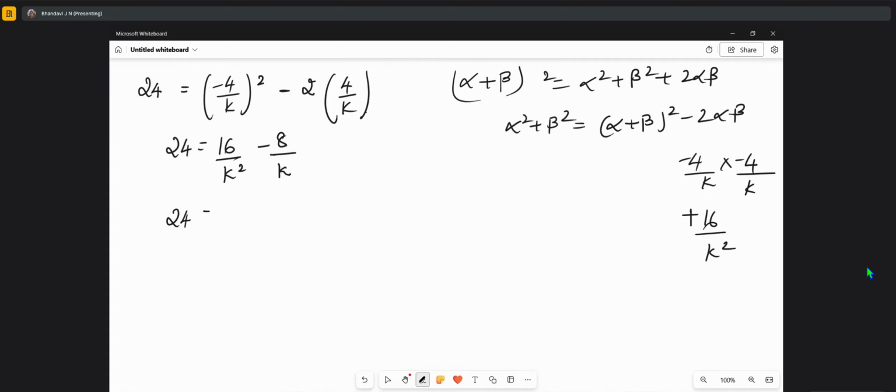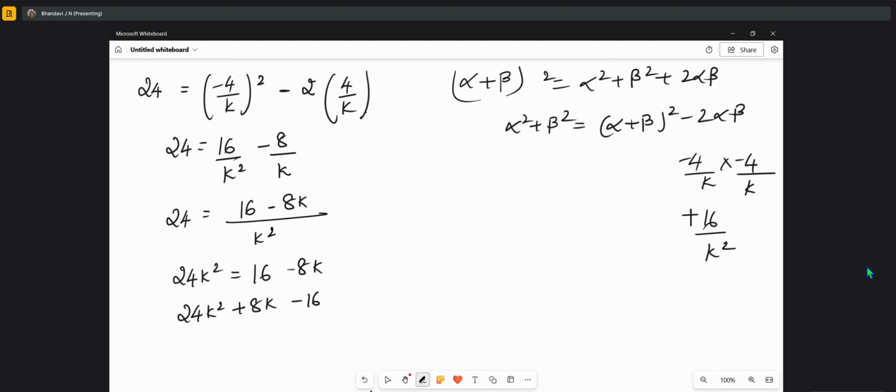So 24 is equal to, multiplying by k square, 16 minus 8k. 24k square is equal to 16 minus 8k. 24k square plus 8k minus 16 is equal to 0.